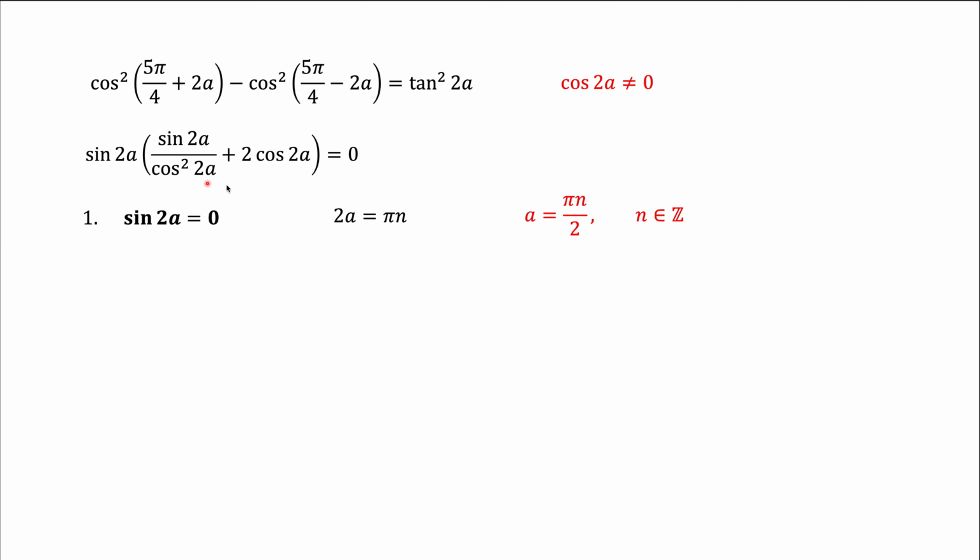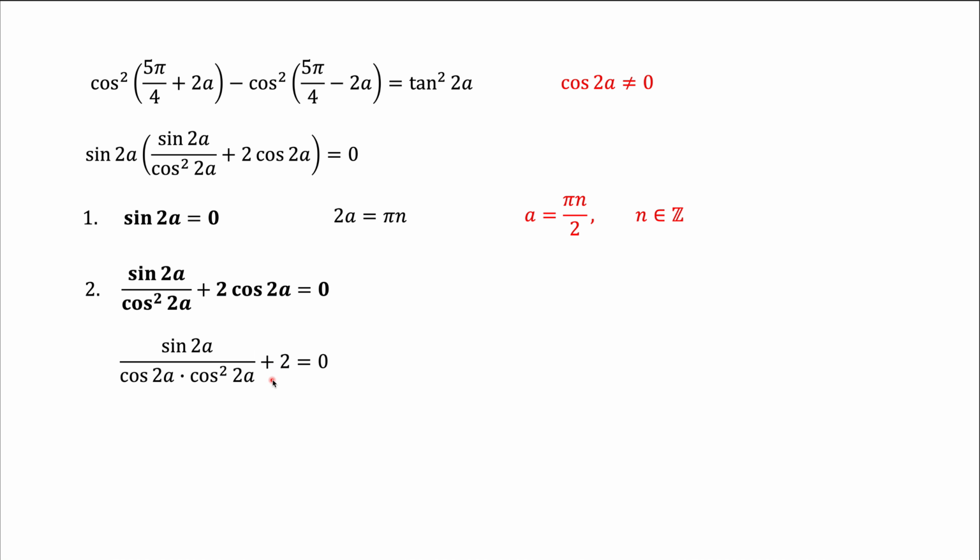The other possibility is when this parenthesis equals 0, and we get an equation like this. Now, since cosine of 2a is not equal to 0, let's divide both sides of this equation by cosine of 2a. We're going to get an expression like that. Now let's play with this a little bit. We basically separated cosine of 2a from cosine squared of 2a.